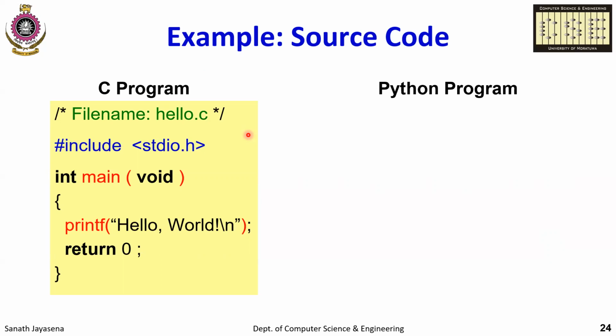A person who developed the program will add certain things which are not part of the source code, for various purposes. Here, it just indicates the name of the file. Maybe you can have other comments explaining what is really happening. A compiler or an interpreter will simply ignore those things because they are not meant to be translated.